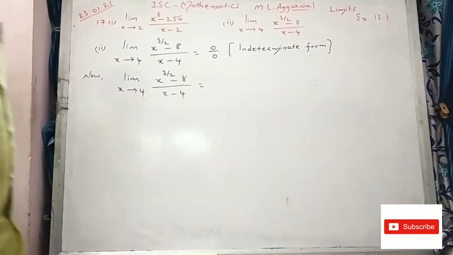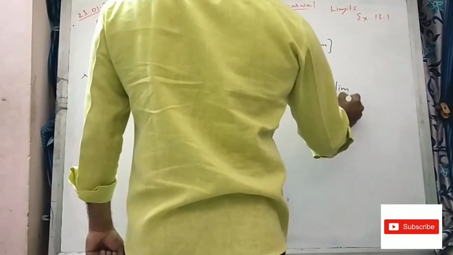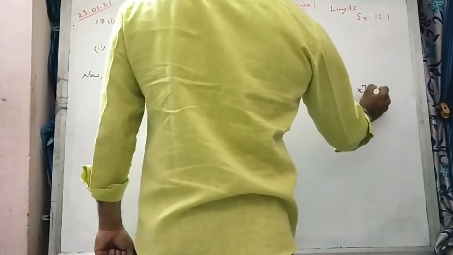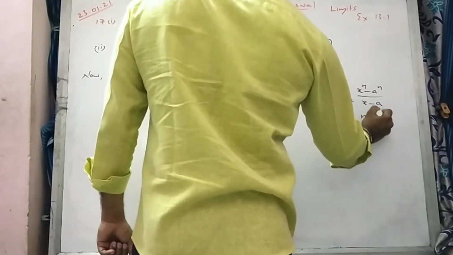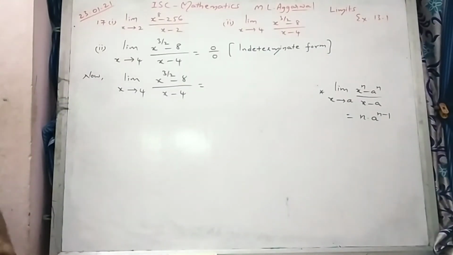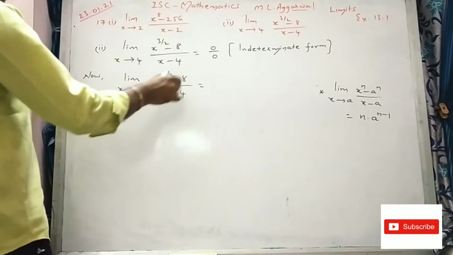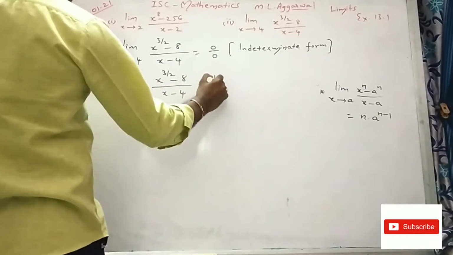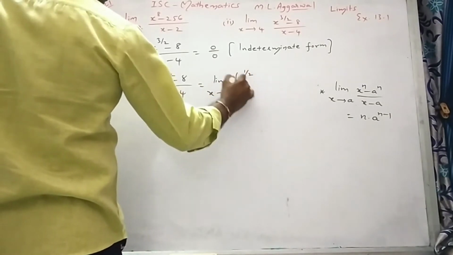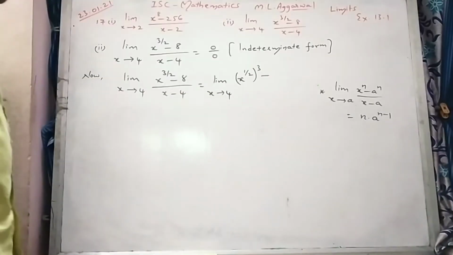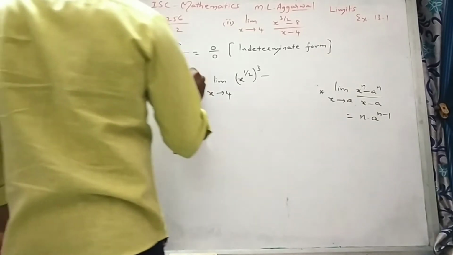Now I am going to change this given limit into this form. Standard formula, limit x tends to a, (x power n minus a power n) upon (x minus a) equal to n into a power n minus 1. Actually, this limit is not in that form. So what should you do? Change them into x power 1 by 2 whole power 3 I am writing. Any problem? 3 by 2 can be written as 1 by 2 whole cube.